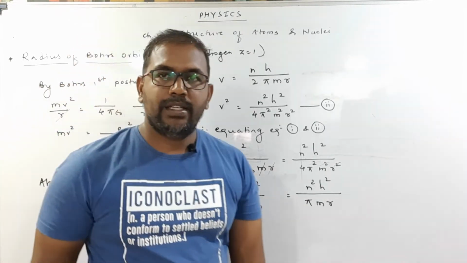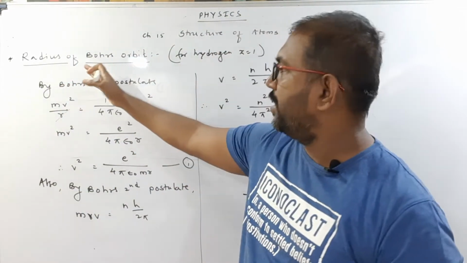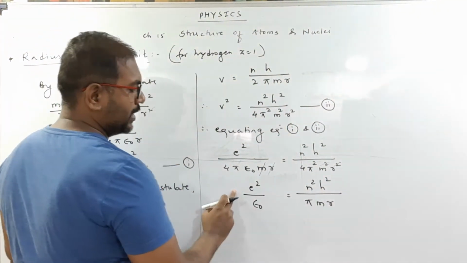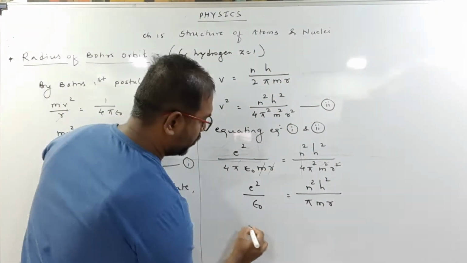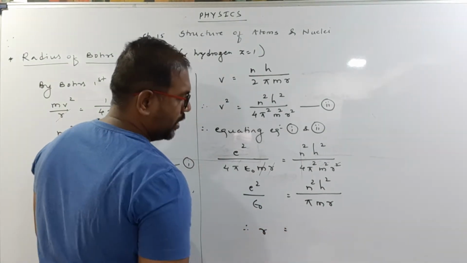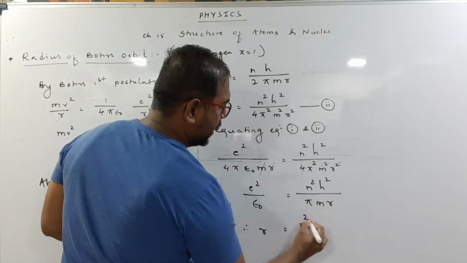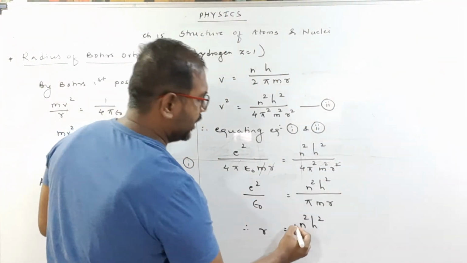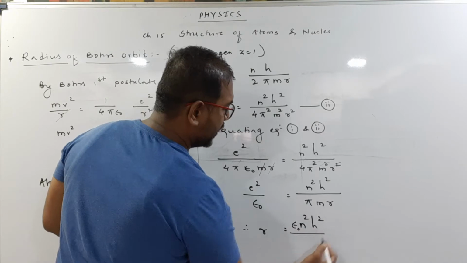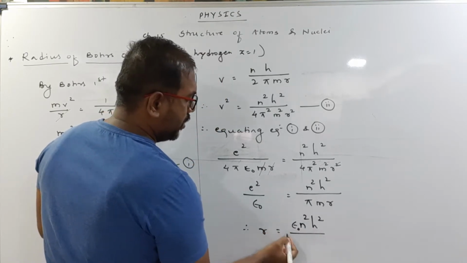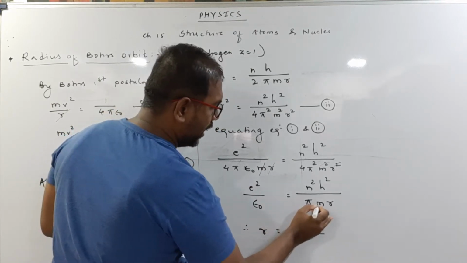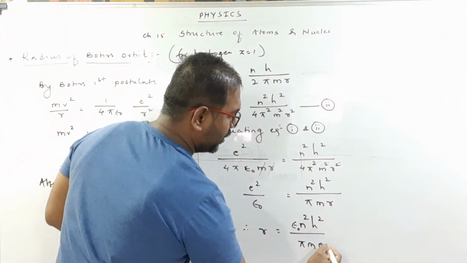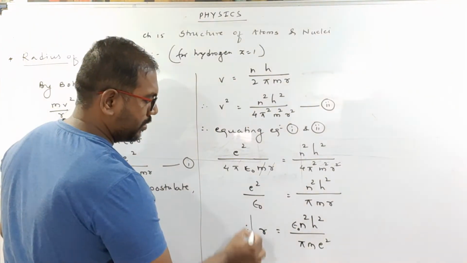We have to write the formula for radius because the heading is radius of the orbit. So this r we shift to this side, e square and epsilon 0 to that side. So we can write r is equal to epsilon 0 n square h square divided by pi m e square.